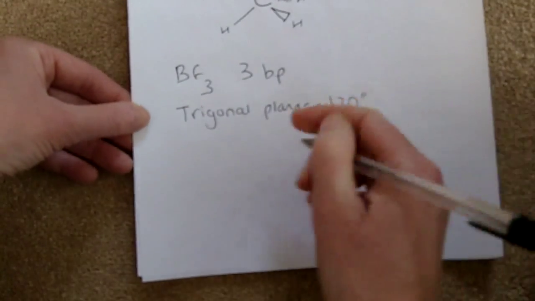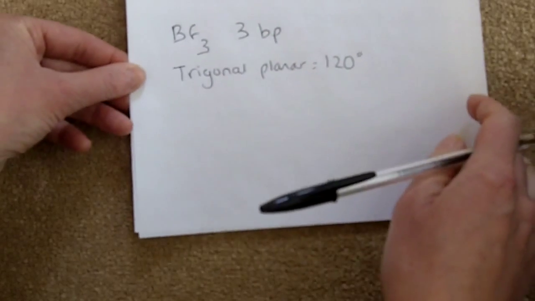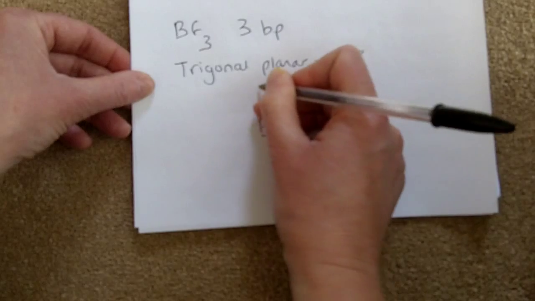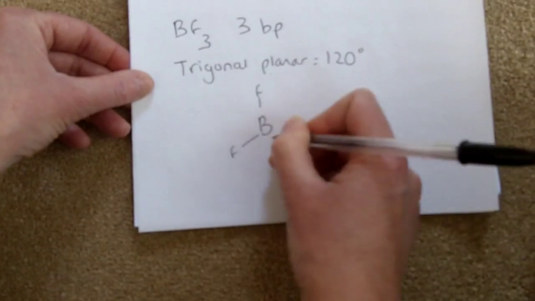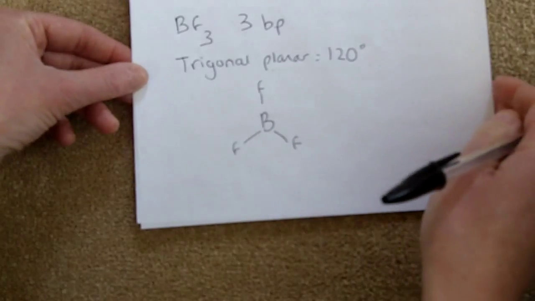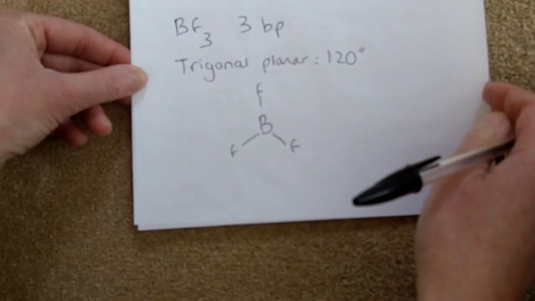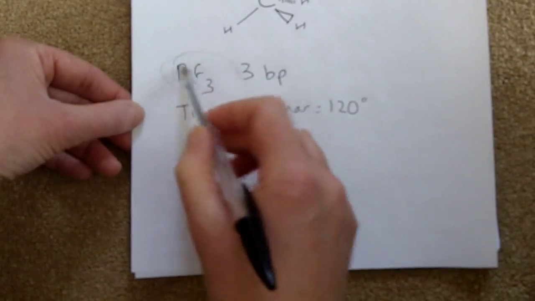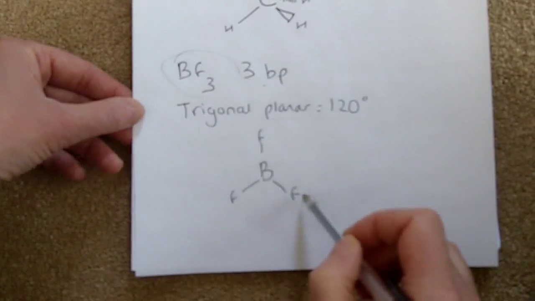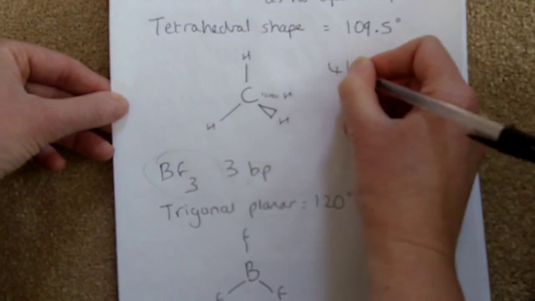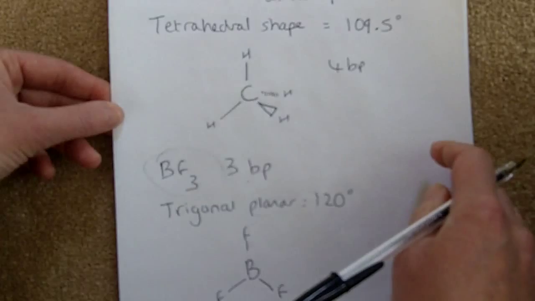The way you draw that, because it is planar, which means that it's flat, you just draw it pointing to the corners of a triangle. So it looks like a triangle, and it's just a flat shape. And that's when you've got 3 bond pairs. It doesn't matter what the molecule is, if it's got 3 bond pairs, that's how you draw it. If something has got 4 bond pairs, that's how you draw it, okay?